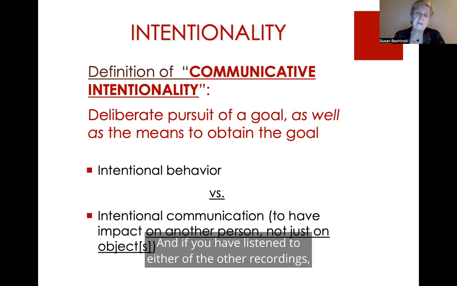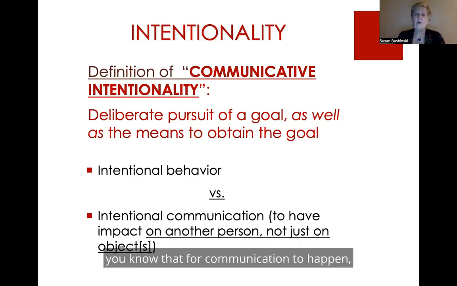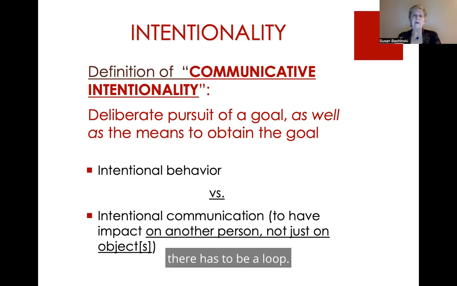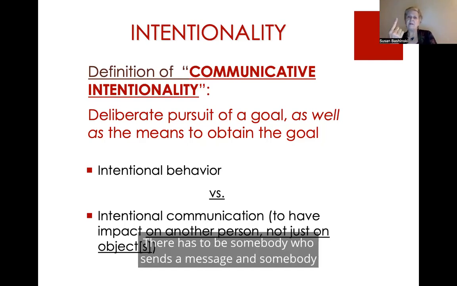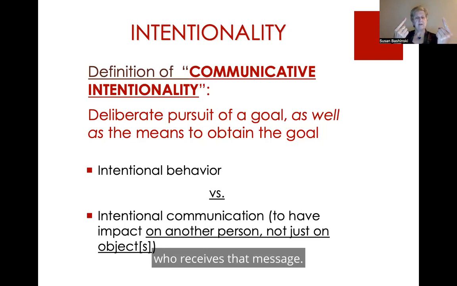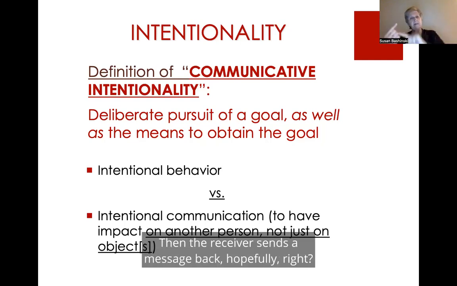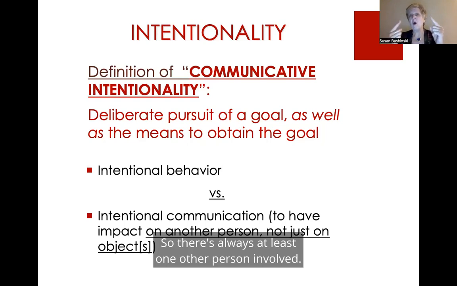And if you have listened to either of the other recordings, you know that for communication to happen, there has to be a loop. There has to be somebody who sends a message and somebody who receives that message. Then the receiver sends a message back, hopefully, right? So there's always at least one other person involved.